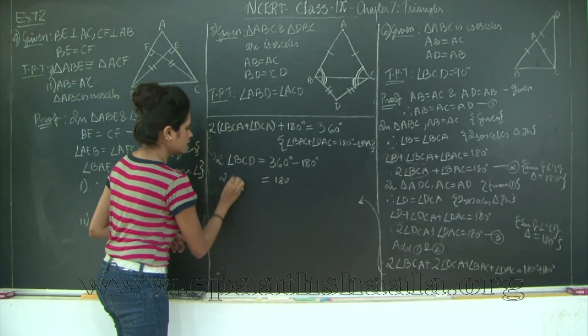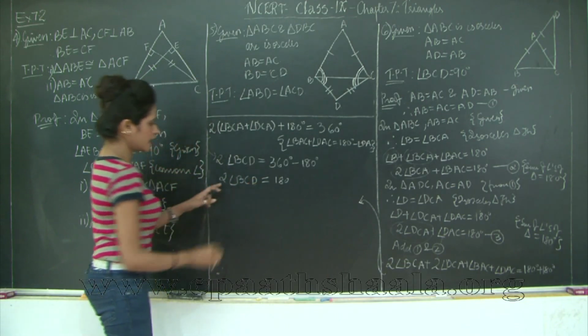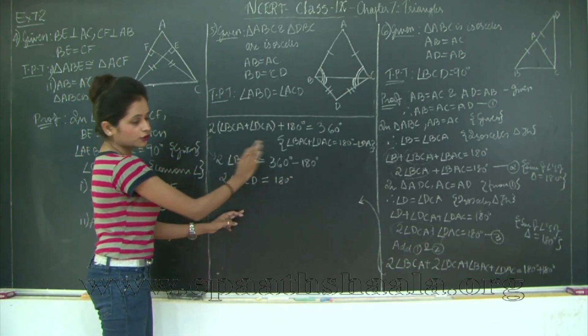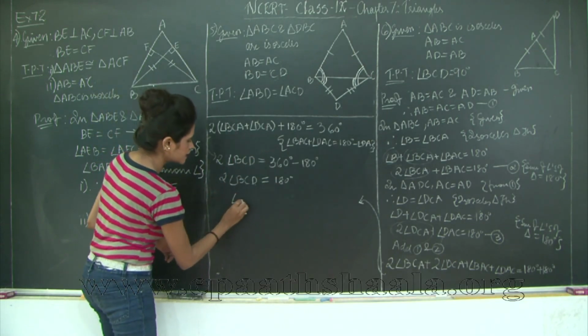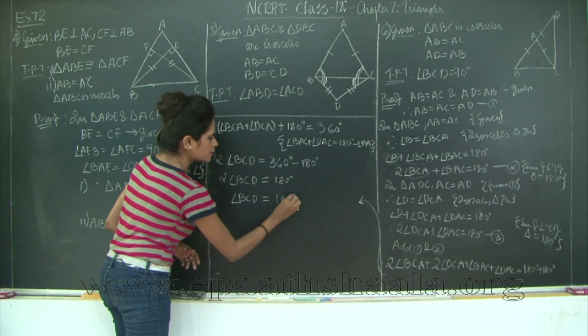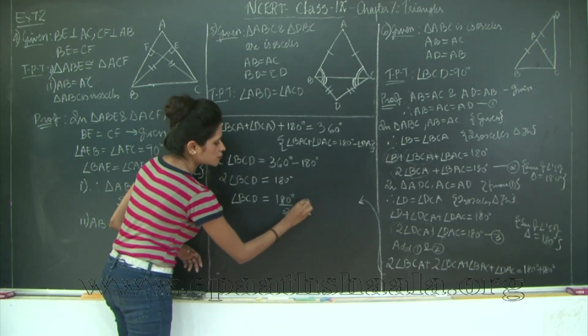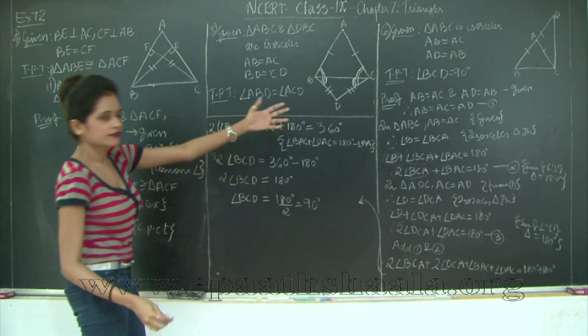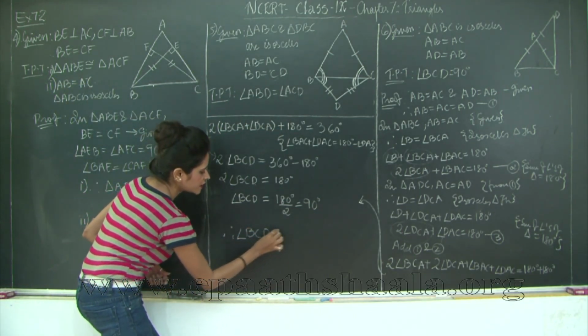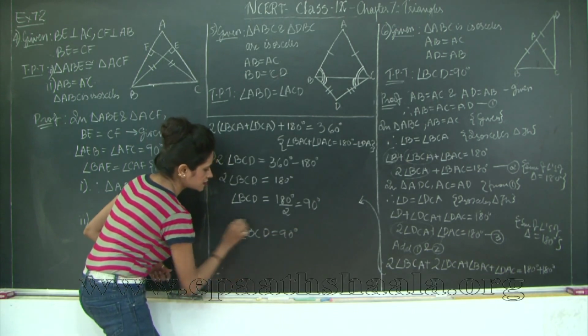So 2 angle BCD, I'll take 2 on the right hand side, it's getting multiplied over here, so it will come and divide 180 degrees. So I get BCD is equal to 180 degrees upon 2, which is equal to 90 degrees. Therefore, we have proved that angle BCD is equal to 90 degrees.